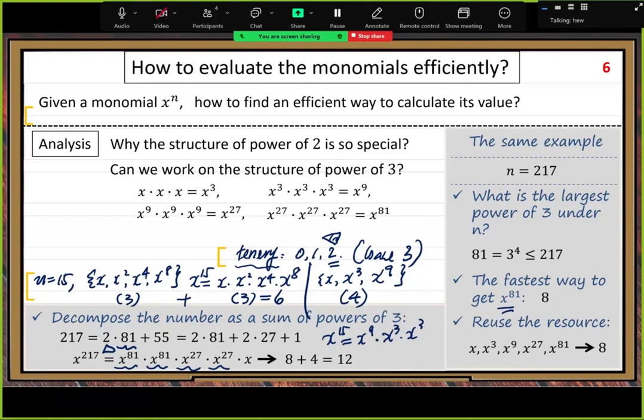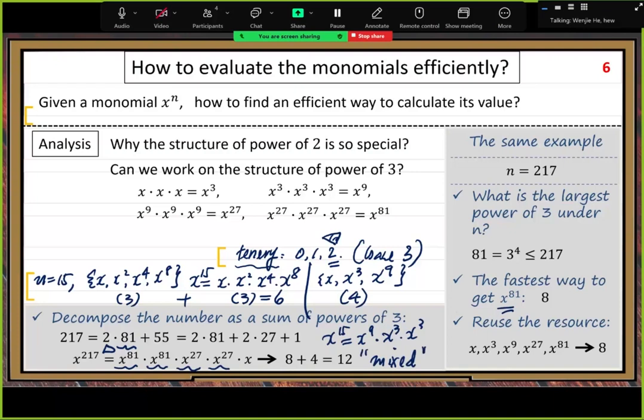But let me show you a different way. We can do better than this one. The way to do better is to mix repeated squaring and repeated cubing.